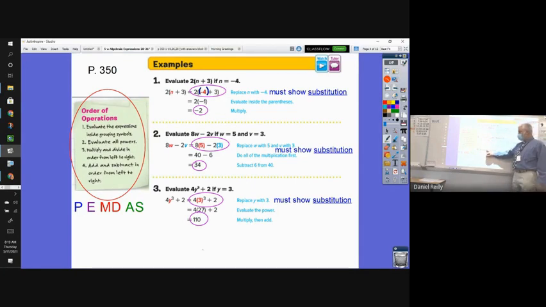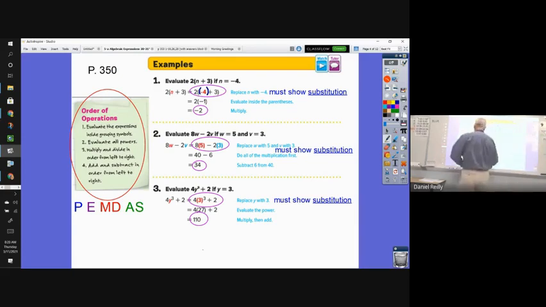Okay, last one. 4y to the third plus 2 if y equals 3. So again, I substitute in 3 instead of y, in parentheses. The exponent here only works on the y. It's not 4 also raised to the third power. 4 is not raised to the third power here, just y.